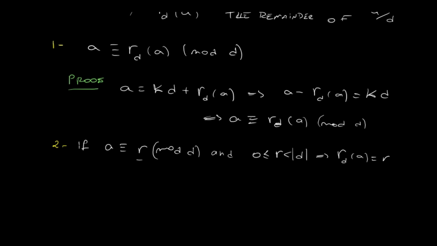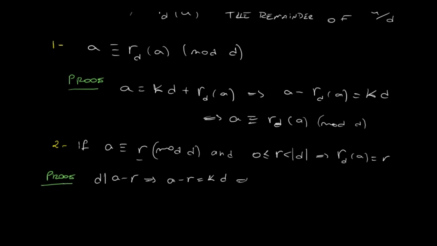How do we prove this? Well, A is congruent to R modulo t, so t divides A minus R. And this, using the definition of divisibility, tells us that A minus R equals k times t.